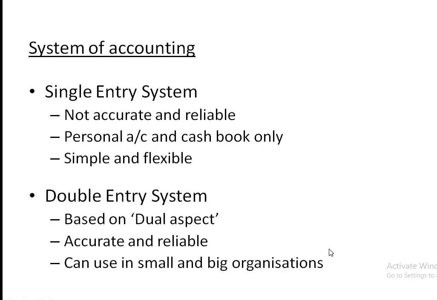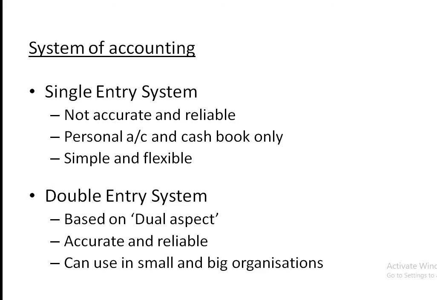Now, system of accounting. System of recording transaction in the books of accounts are generally classified into two types, single entry system and double entry system. So what is single entry system? It is not a complete system of maintaining records of financial transaction. It does not record dual aspect of each and every transactions.